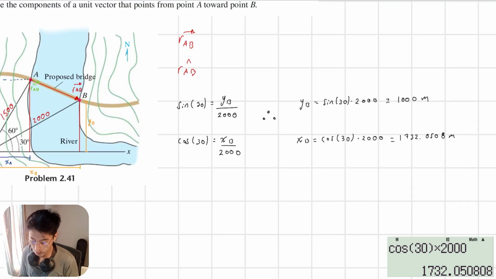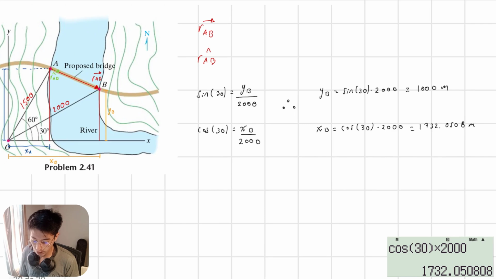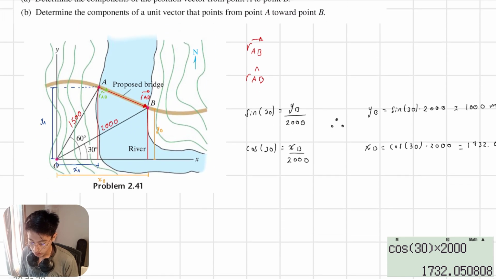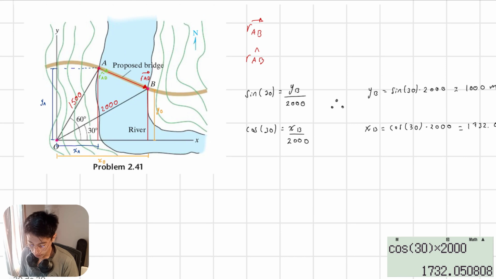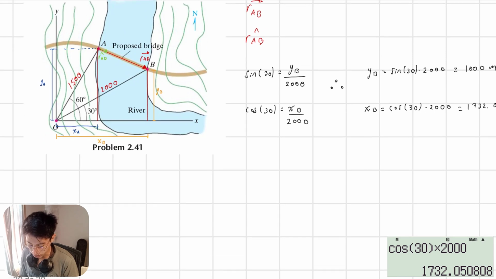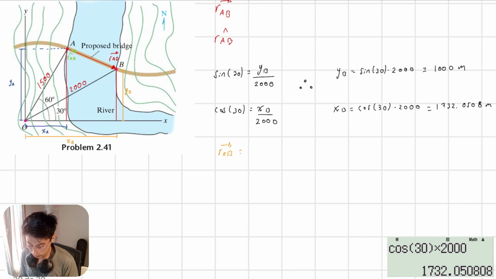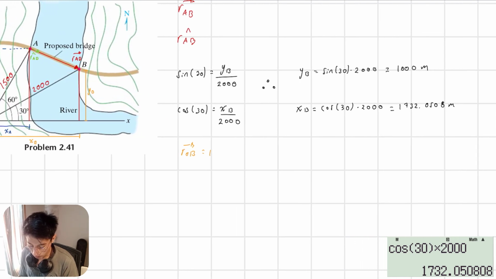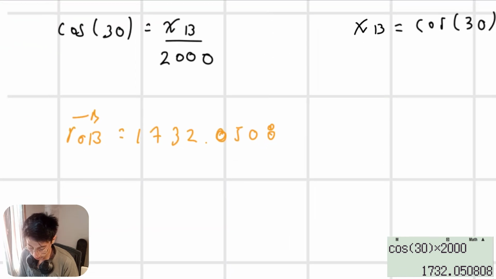And right here we have the components for the second magnitude, OB. I'm going to construct the vector. So the vector ROB is going to be equal to both of them positive, 1732.0508. This looks like a 6.